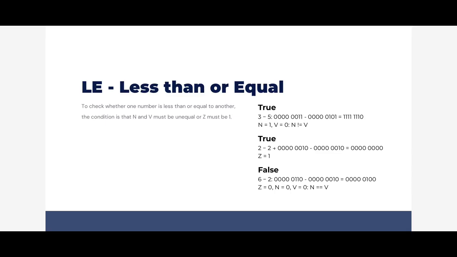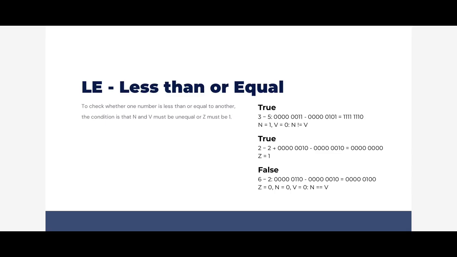Therefore, there is no need to check that Z must be 1. If one number is less than another, there's no need to check equality. In the second case, it's easier to check equality, and we see that Z is 1, and it satisfies the general condition, and the general condition is true.